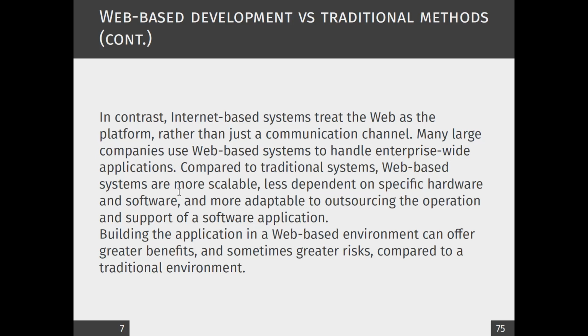On the other hand, with traditional systems we have some difficulty when you want to scale, like when the numbers are growing, especially if you have physical hardware, it's very difficult to scale. But if it is a cloud-based solution, then you can easily scale. You can increase the number of users who can use your system, right? So that's one of the advantages we get when we use cloud-based software solutions.